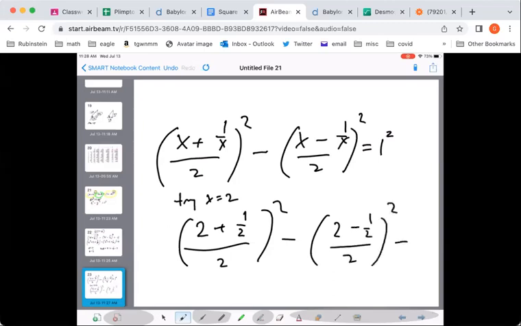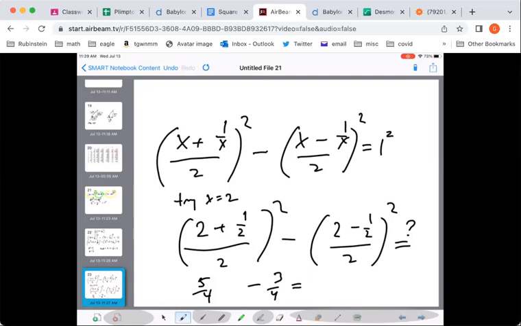I'm just going to write equals, just to see, does it become 1? This becomes 5 over 4. That's 5 over 2. And this becomes 3 over 4. So it does equal 1. No, it doesn't. Doesn't equal 1 at all. Wait, 5 over 4 minus 3 over 4.